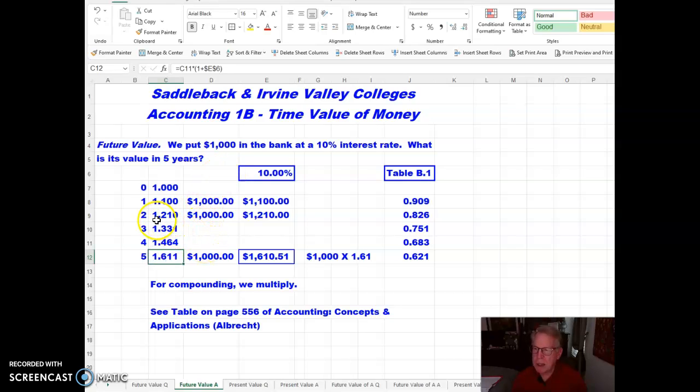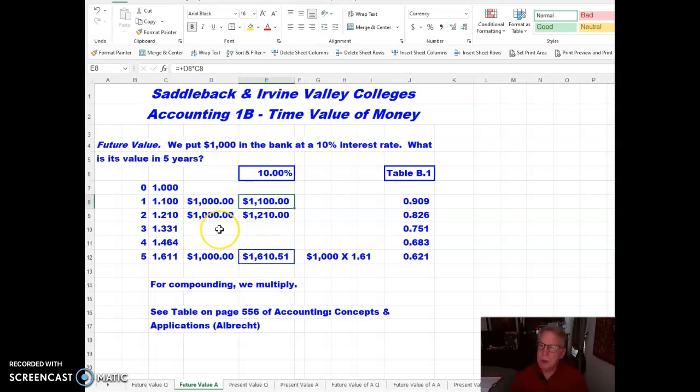Now, how much is this $1,000 worth after the first year? I think you all could almost do this intuitively, but 10% of $1,000 is $100. So we add that $100 on top of the $1,000. It's going to be worth $1,100.